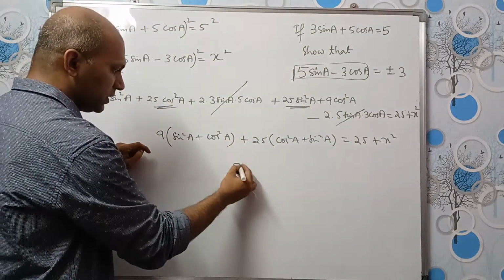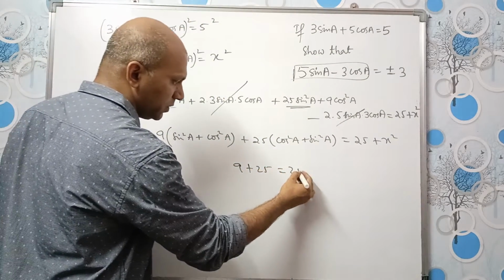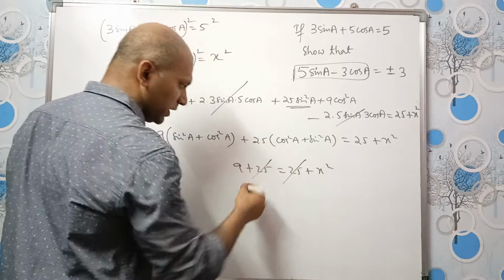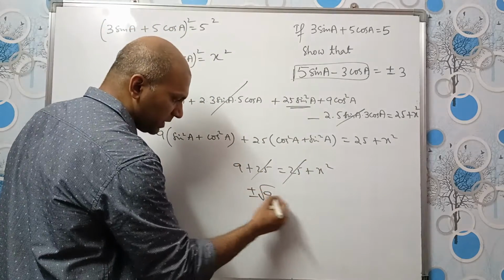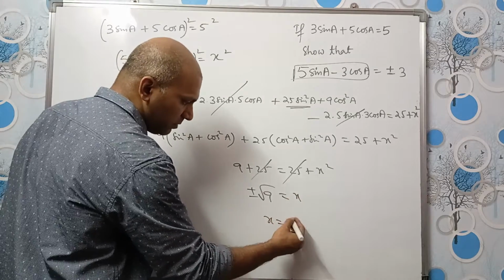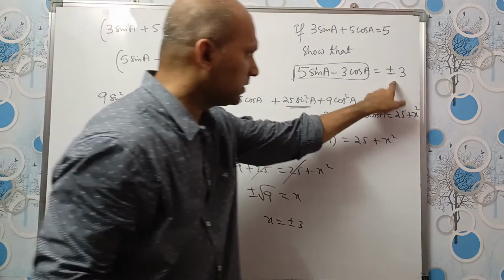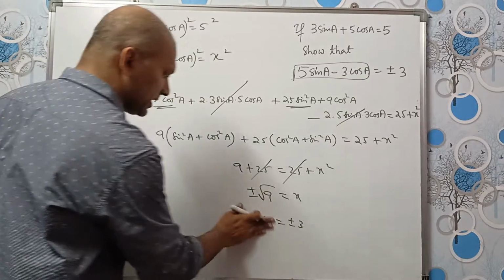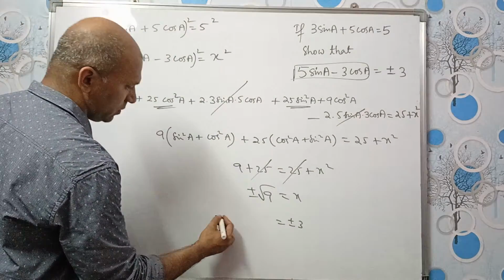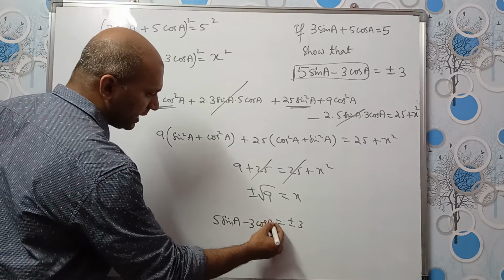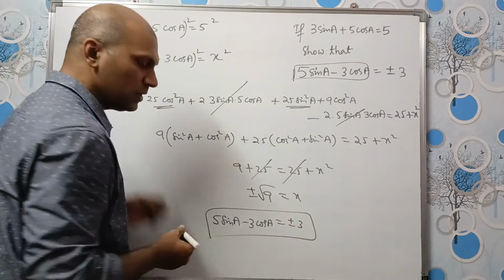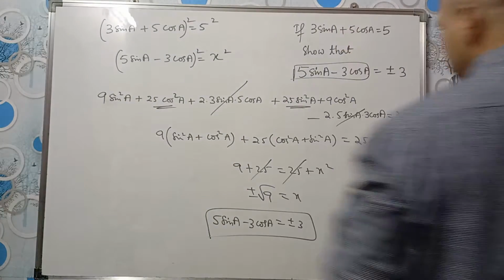So this is 1, right? So this will be 9 plus 25 is equal to 25 plus x square. 25 and 25 will get cancelled. So send the square to the other side, it will be plus minus root, or x will be plus minus 3. Okay, we took this as x, right? We took 5 sin a minus 3 cos a as x. So this is equal to plus minus 3.